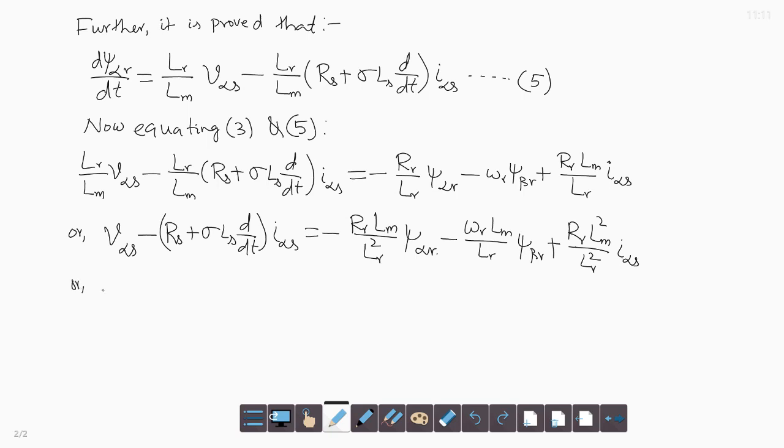So, now we take sigma L S d I alpha S by dt to the opposite side. So, the sign reverses and we assemble all the terms on the other side.